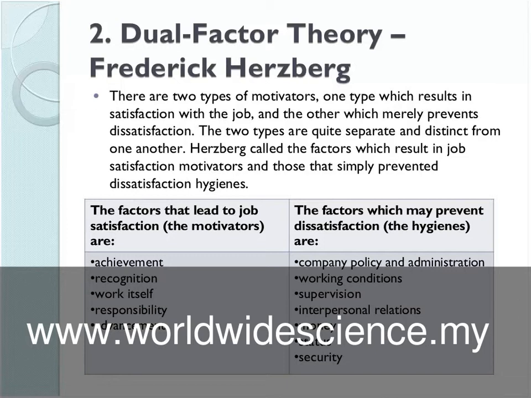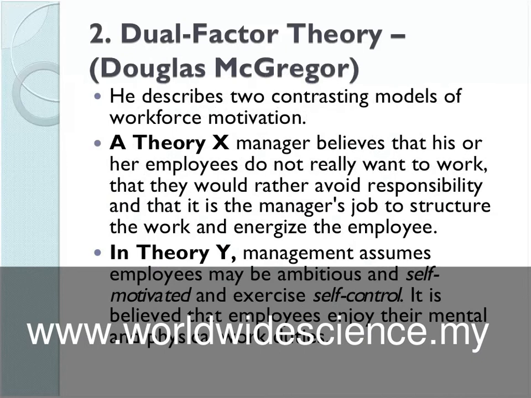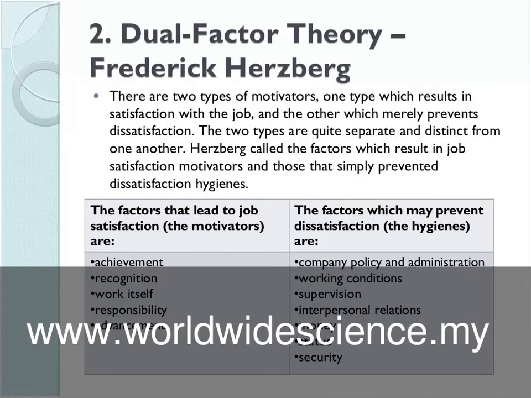The hygienes are company policy and administration, working conditions, supervision, interpersonal relations, money, status, security. You can add another kind of factor which you face at your job, for example.